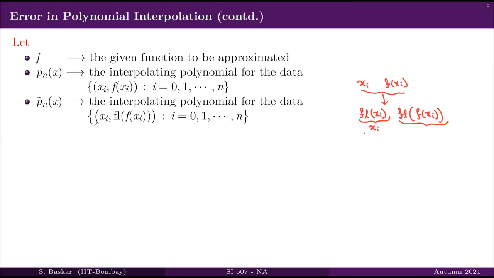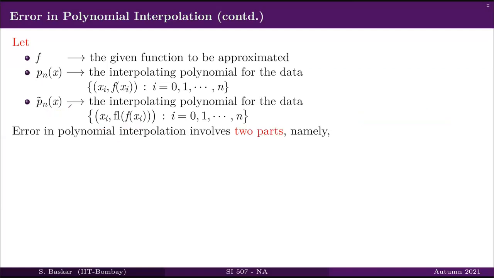So we assume that your computer is taking your data as xi, fl of f of xi. Thereby, your computer will obviously not find the polynomial Pn of x that you intended to get, but it gives another polynomial because your data set is fundamentally different, right? Let us denote the polynomial that comes out of this data set as P tilde n of x.